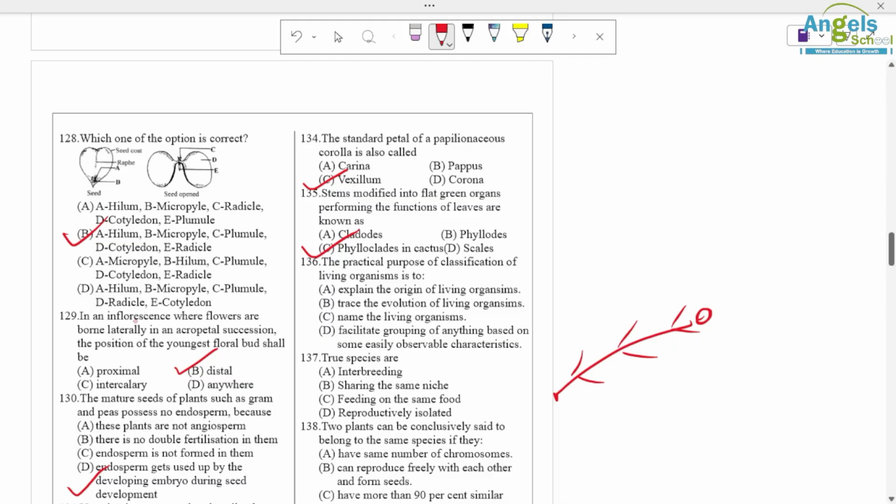Question number 136. A practical purpose of classification of living organisms is to facilitate grouping of anything based on some easily observable characters. So it is the purpose of classification.